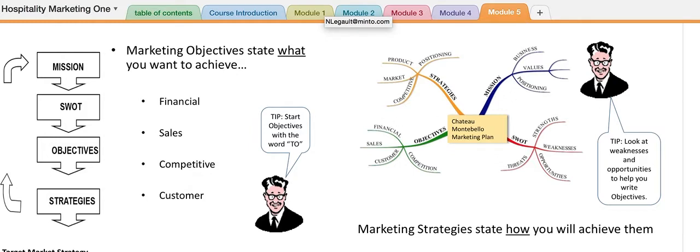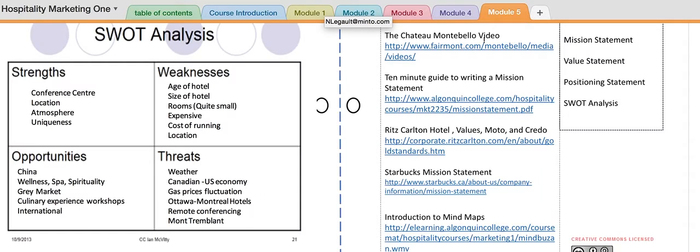So let's do that first and go back to the SWOT analysis, which we did in the last video. So let's take a look. We've got weaknesses up here. And you can see that one of them was the size of the hotel. Chateau Montebello did in fact consider building a new block of rooms.